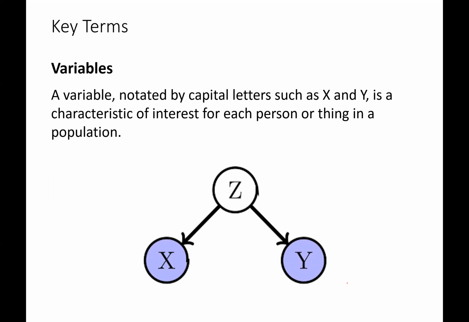Okay, variables. A variable in statistics is denoted by a capital letter, such as capital X or capital Y. It's the characteristic of interest for each person or thing in a population.